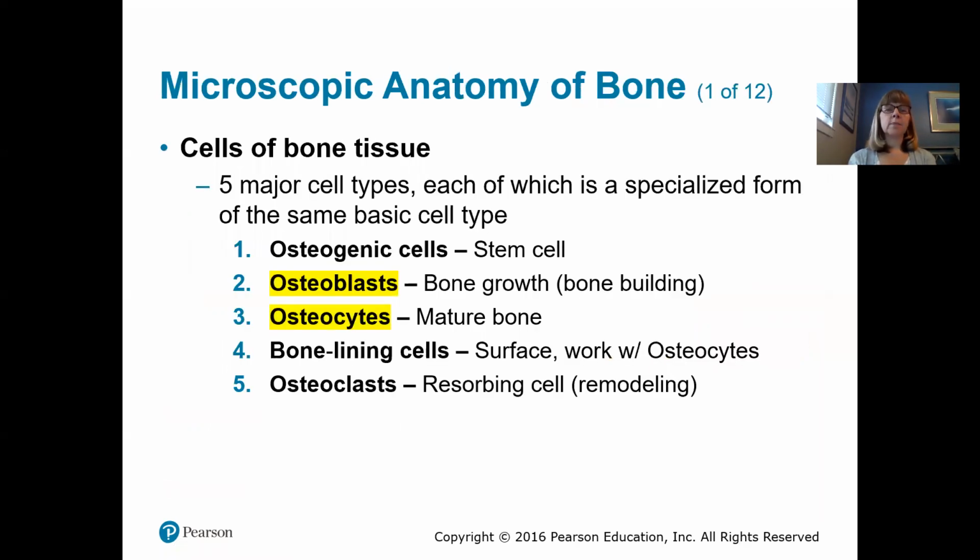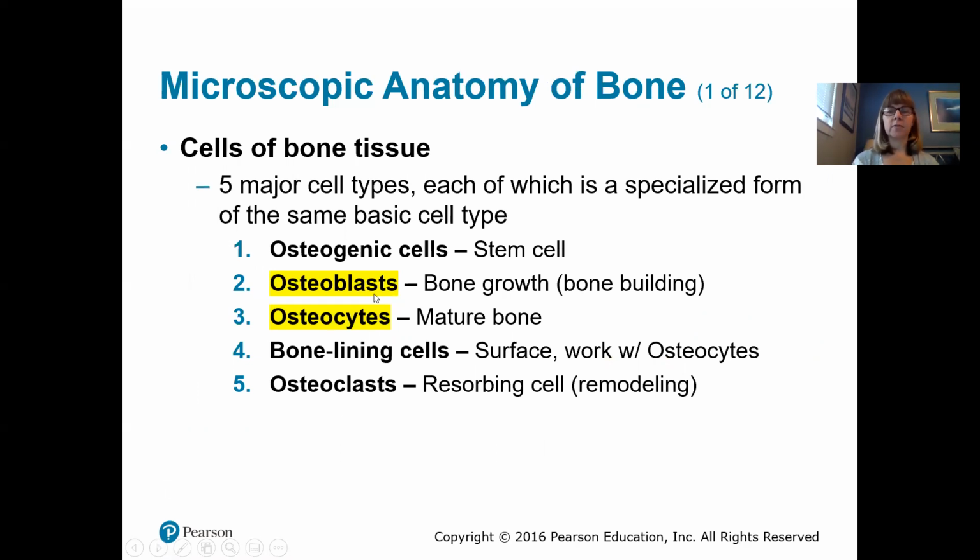All right, so to touch on the microscopic anatomy of bones, here you want to be familiar once again with the terminology and breaking apart these words. Once again, osteo, anything referring to osteo is always going to refer to bone. And I talked about this in the tissue chapter, remember blast.